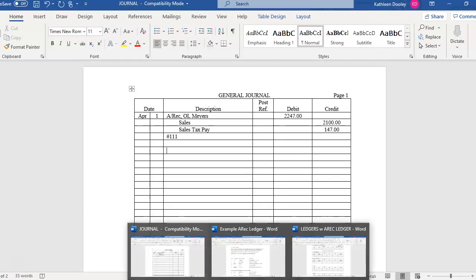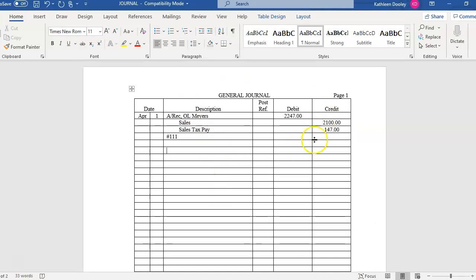All right, now before I go on to this next one, I have to ask myself, is there anything in this journal entry that needs to be posted right now? Yes, whenever I have a customer that's involved, I have to post that right away. I can't wait.